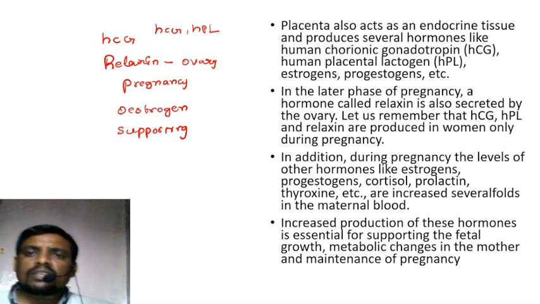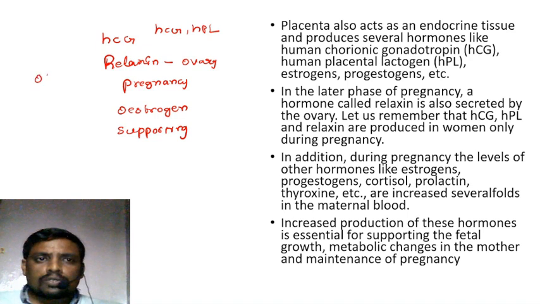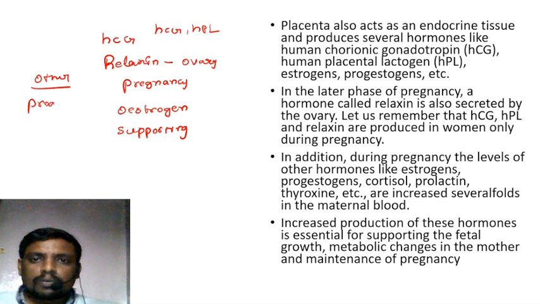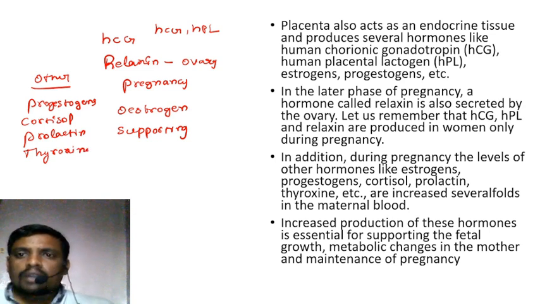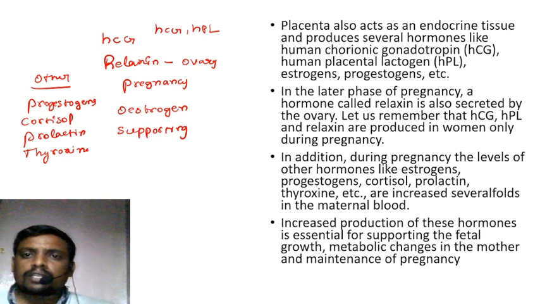The levels of other hormones like progestogen, what are they called? First hormone, progestogens, that is the first hormone, cortisol, that is the second hormone, prolactin, third hormone, thyroxine, that is fourth hormone, are increased several folds in the maternal blood.